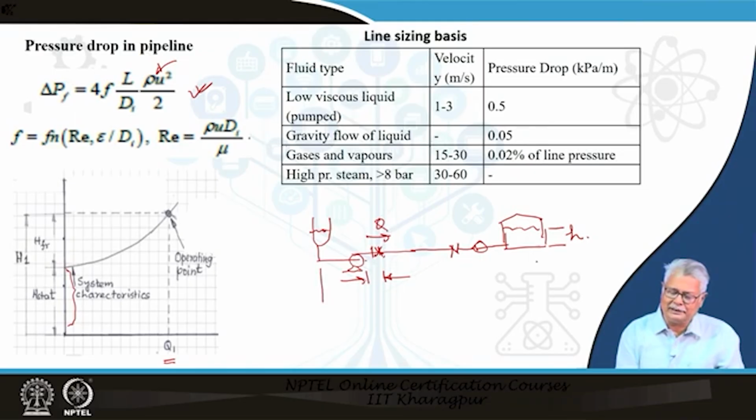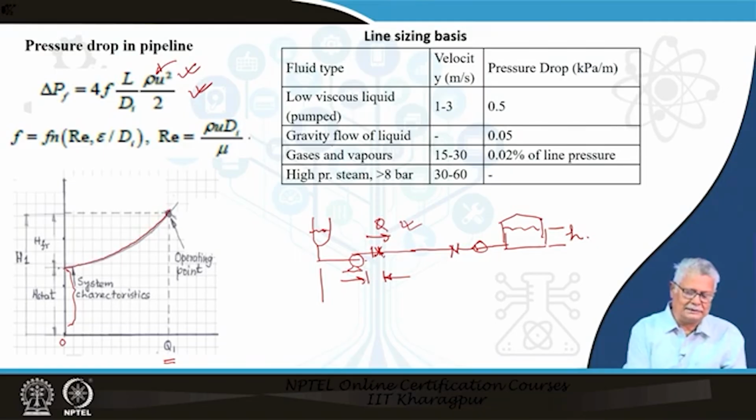So what I have here is that with Q my head increases, and since this is due to the frictional head and we have a u square term, my delta P will be more or less proportional to Q square, so we have a very quickly increasing additional head due to this. When there is no flow, there is only the static head, and when I have a flow, this additional amount of head is due to friction.